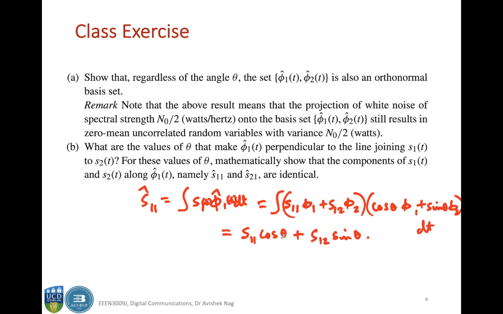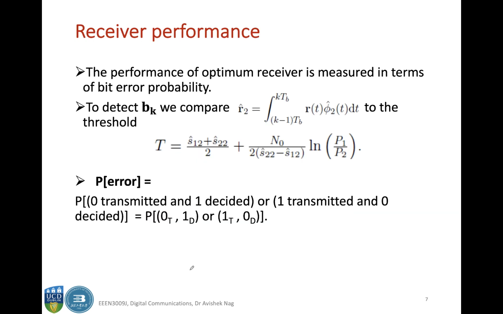You can plug in the value of theta that you have just calculated, and finally calculate S11 hat. Similarly, you can calculate S21 hat, and if you do everything correctly, you can indeed show that these two are identical. I leave this as an exercise for you. So let's move on with the receiver performance when we have just one matched filter representation.